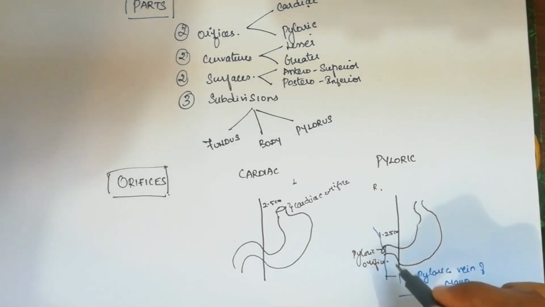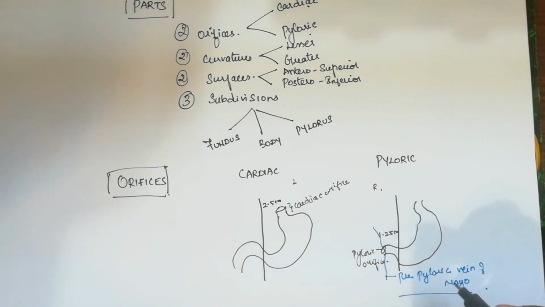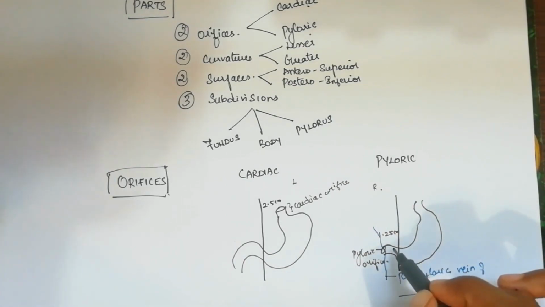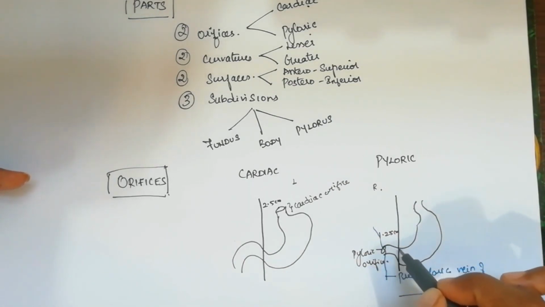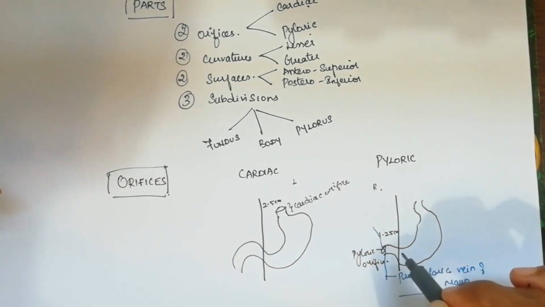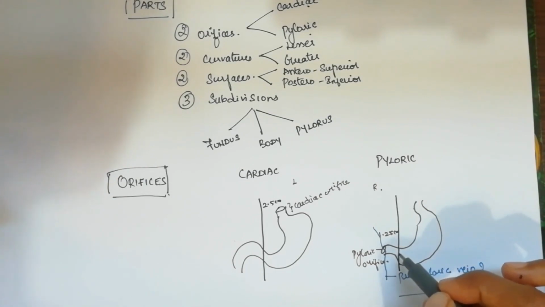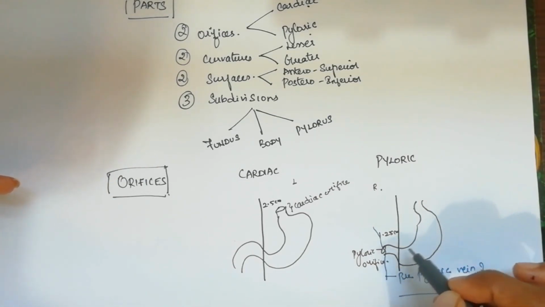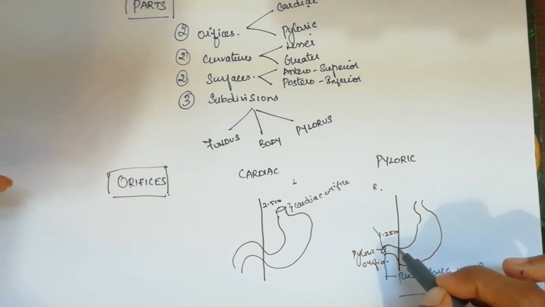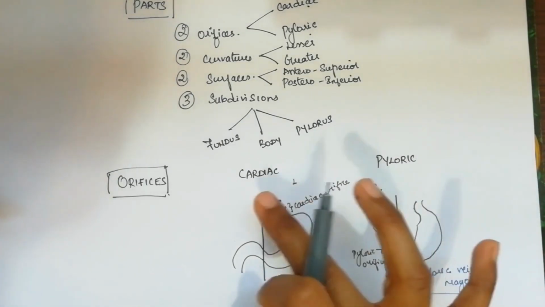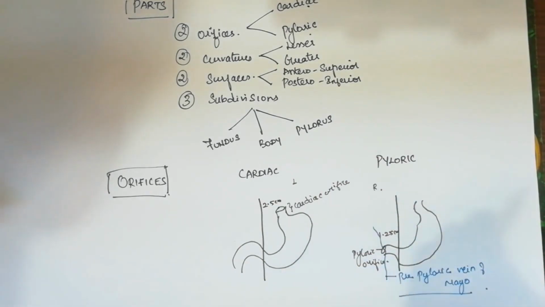So by seeing the vein we can make out where the pyloric orifice is exactly present. The angle present over here we call the incisura angularis, so that we can understand where the divisions of body and pylorus are. That's all about the cardiac and pyloric orifice we have to know.